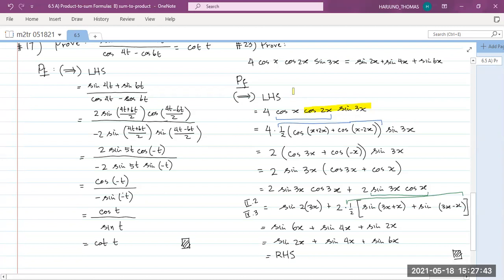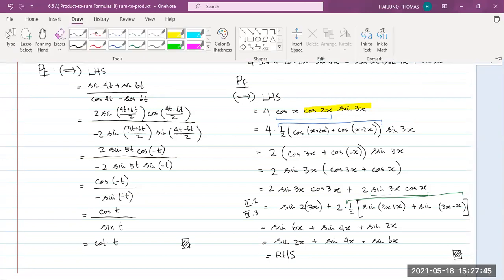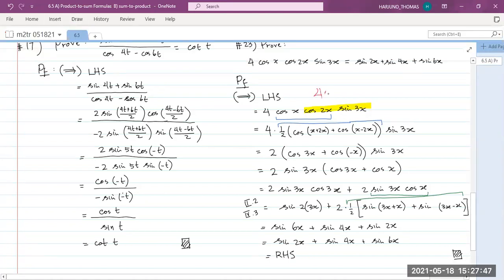Later on you will have 4 cosine x, and then times 1/2 sine sum minus sine difference. Then you get 2 cosine x times sine 5x plus sine x.